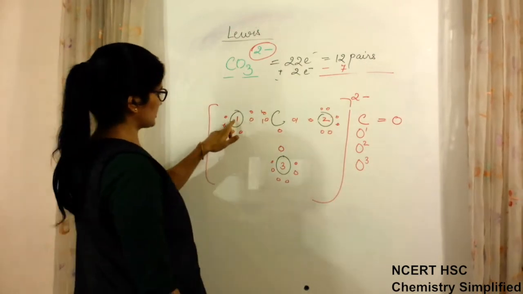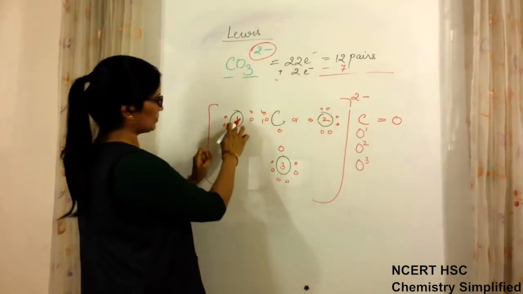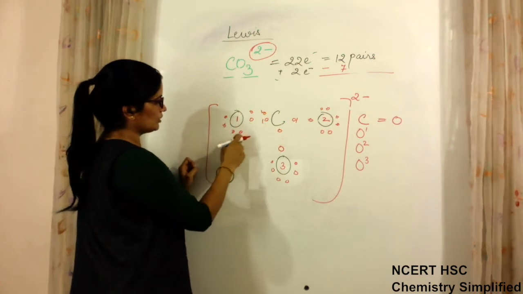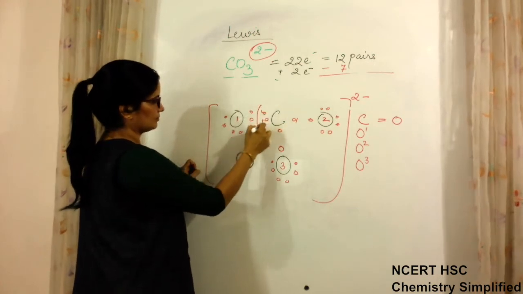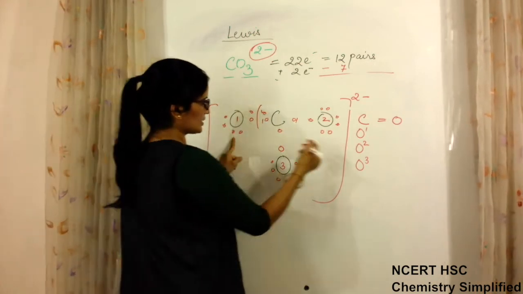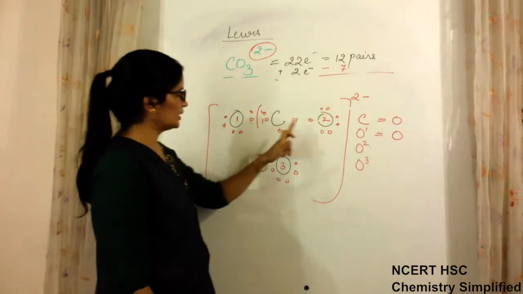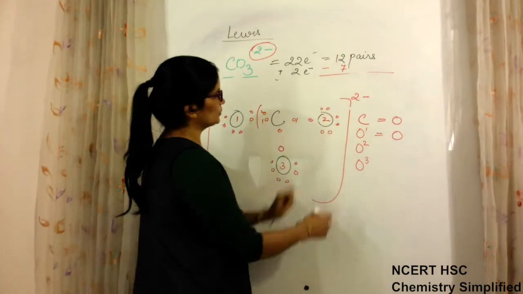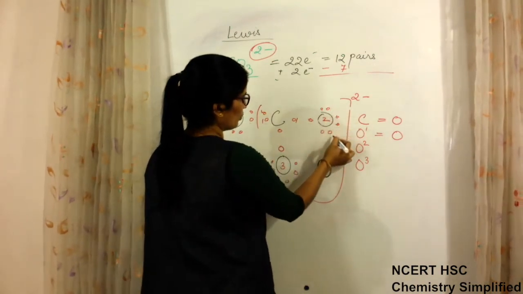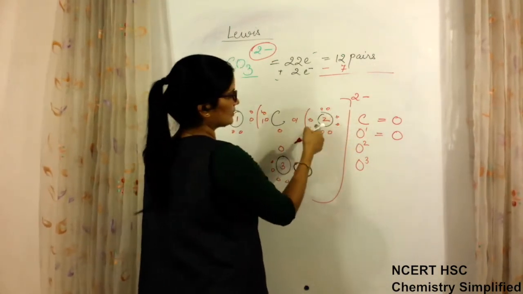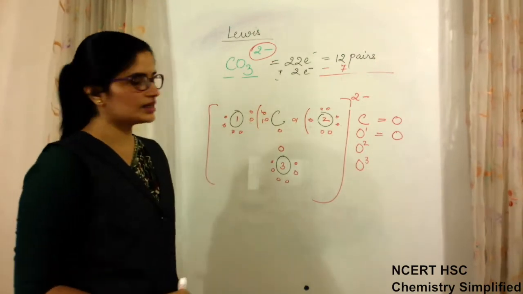Let me see oxygen atom number 1. 1, 2, 3, 4, 5 and 6. Formal charge 0. Oxygen atom number 2: 1, 2, 3, 4, 5, 6 and 7. We are placing here 7.